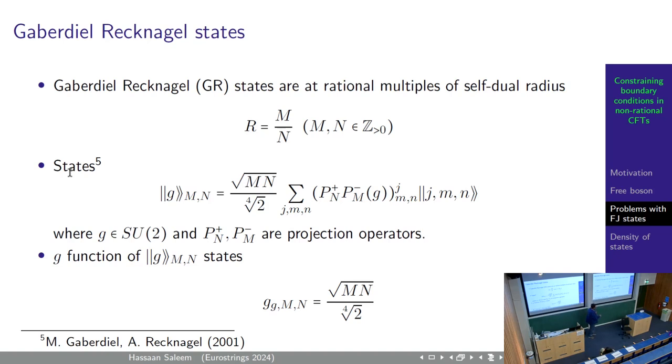And you don't need to know the exact form of these states. The only fact that you need to know is that these states are labeled by elements of the SU(2) group. And secondly, of course, these are also labeled by these integers m and n, because these integers actually specify the radius. Okay, now what you can do is that you can calculate the g function of these boundary states, and you get something like this.